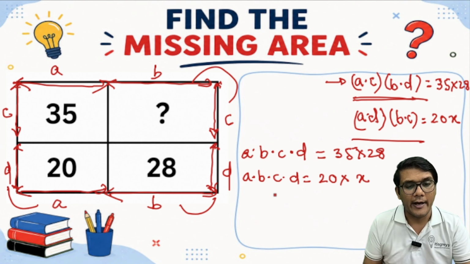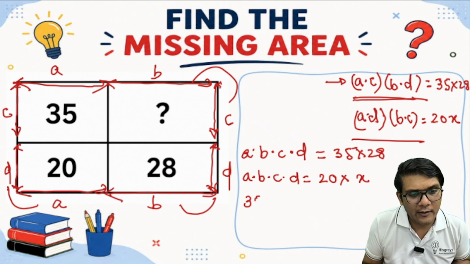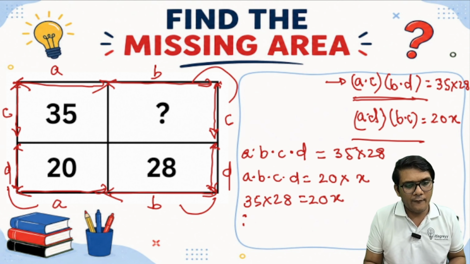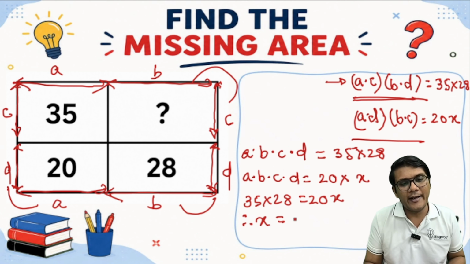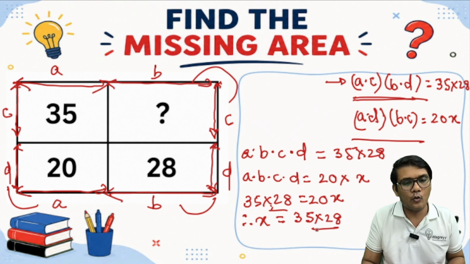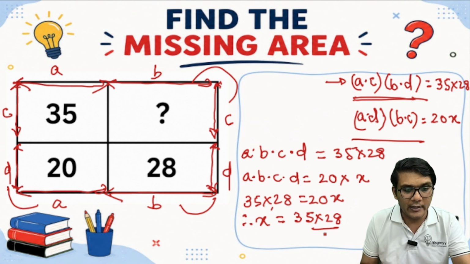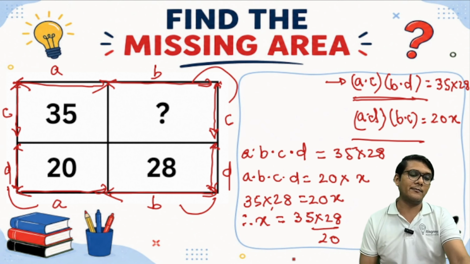We will get that 35 into 28 is equal to 20x. Therefore, x will be 35 into 28 divided by 20, as the 20 comes down and gets divided.